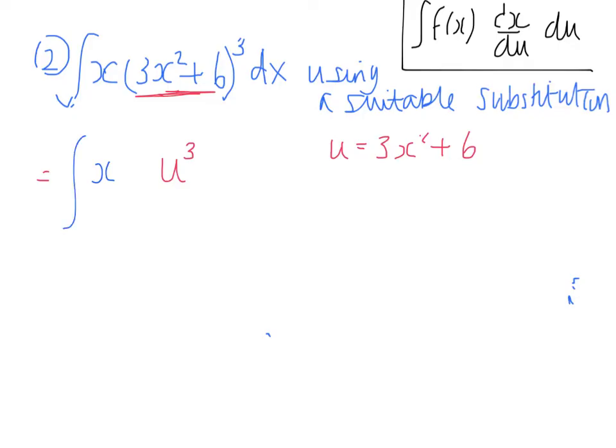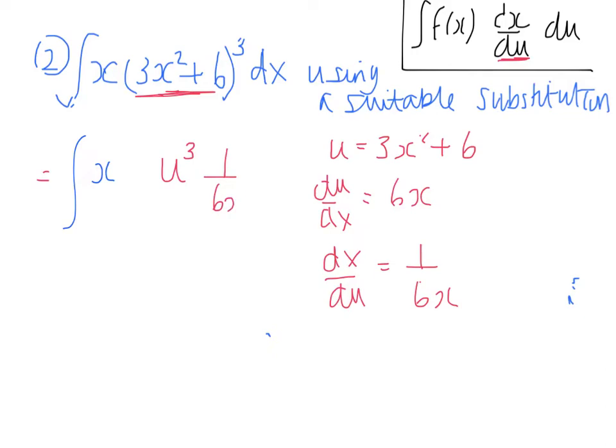I'm going to differentiate, so du/dx is going to be 6x. By the special case of the chain rule, dx/du is going to be 1 over 6x. So when I add in the dx/du term, I'm going to write that as 1 over 6x, and then I can integrate with respect to u.